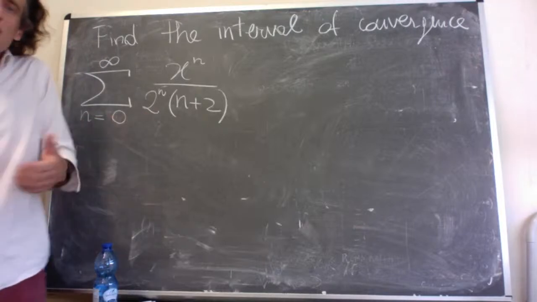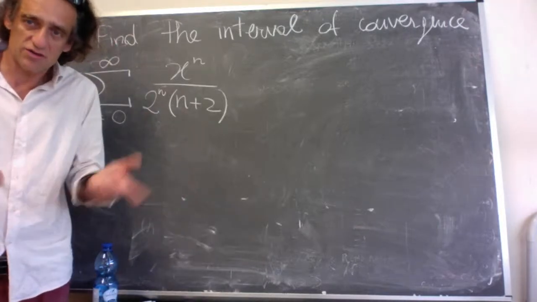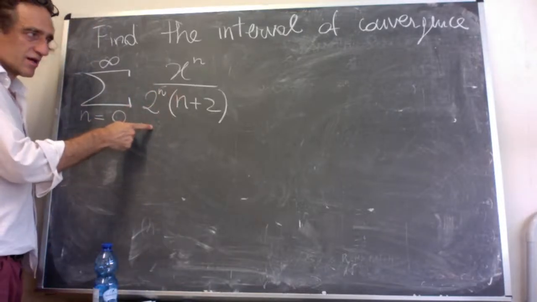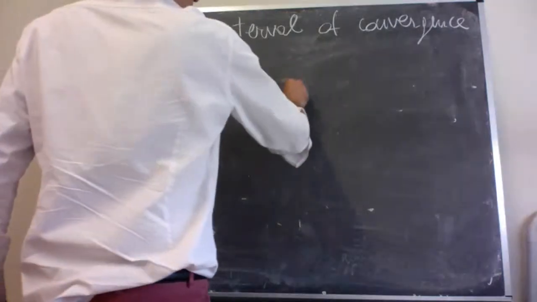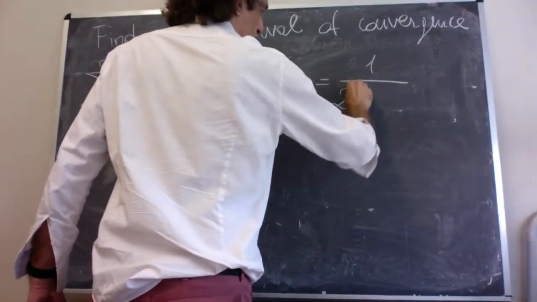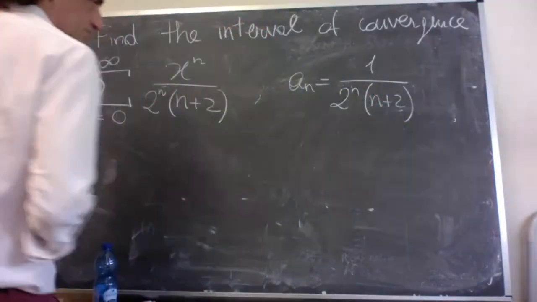And this time we use the root criterion. Why not? The root criterion is the following. Consider a_n, which in this case is 1 divided by 2 to the n times (n plus 2).